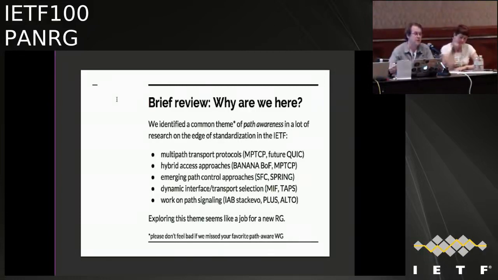We've identified a common theme. This list of working groups, BOFs, and so on is not meant to be exhaustive, so if we missed out on yours, please don't feel bad. A common theme of path awareness and a lot of research going on around the edges of the IETF. The obvious one here is MPTCP. As I understand it, there was just a lunch meeting of people trying to figure out how to do rebinding in a multipath friendly way for QUIC.